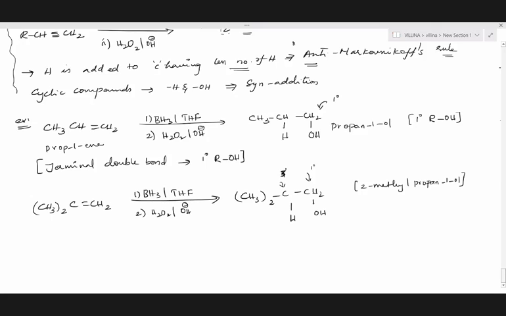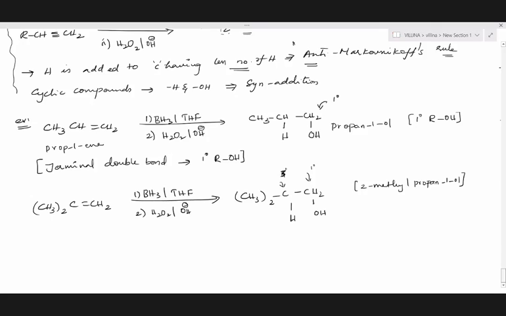We have the alkene, CHR double bond CH2. In the first step, we add boron, ending up with trialkyl borane. In the second step we treat with the oxidizing agent, H2O2 in presence of a base, OH minus. The final product is CH2CH2OH.